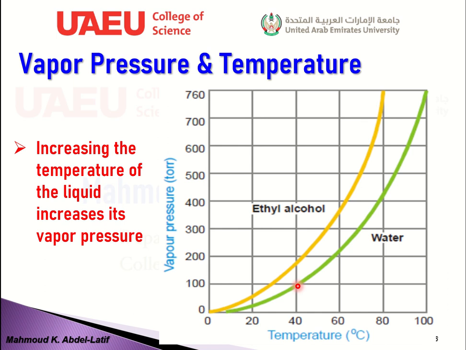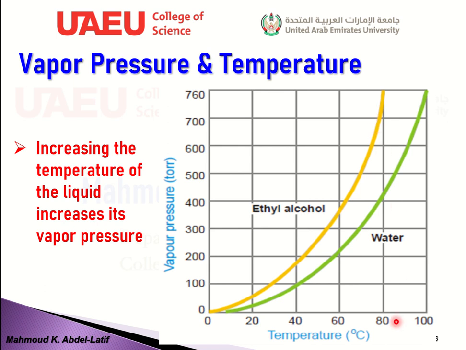The vapor pressure of water at 40 degrees is lower than the vapor pressure of ethanol at the same temperature. That's because the intermolecular forces between the water molecules are higher than the intermolecular forces between the ethanol molecules, so it's easy for ethanol to evaporate. The relationship is direct: increasing the temperature increases the vapor pressure.